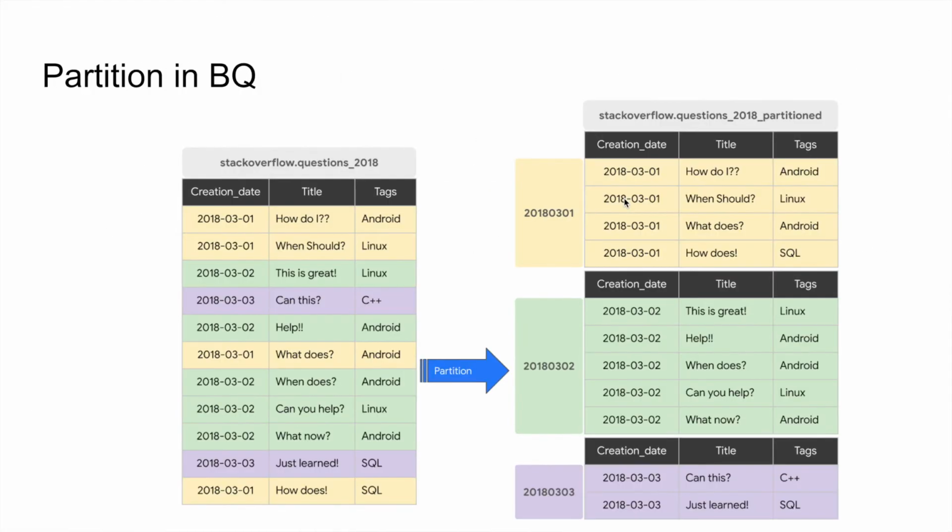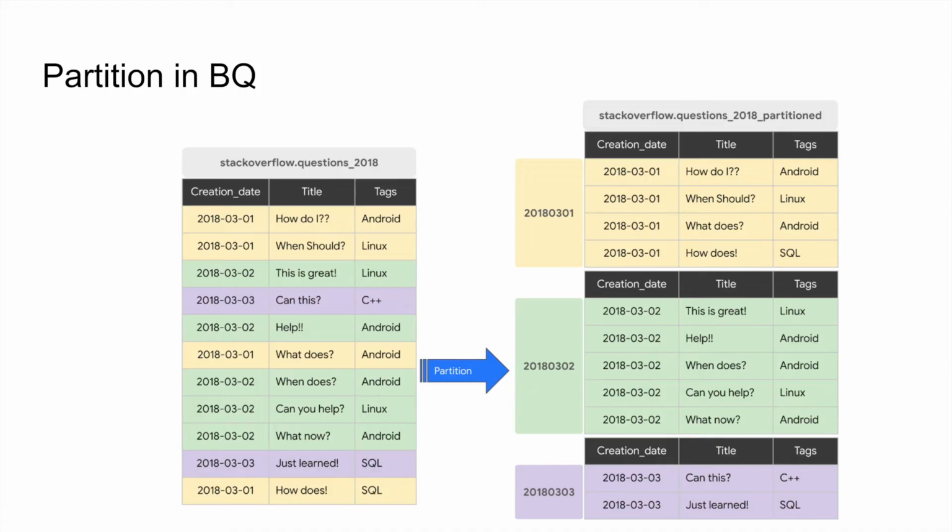Moving ahead, I'm going to talk about partitioning in BigQuery. This is a very useful feature. So generally, when we create a data set, let's assume that our data set in this case is Stack Overflow questions for 2018. Generally, we have certain columns like creation date, title of the question, and maybe some tags.